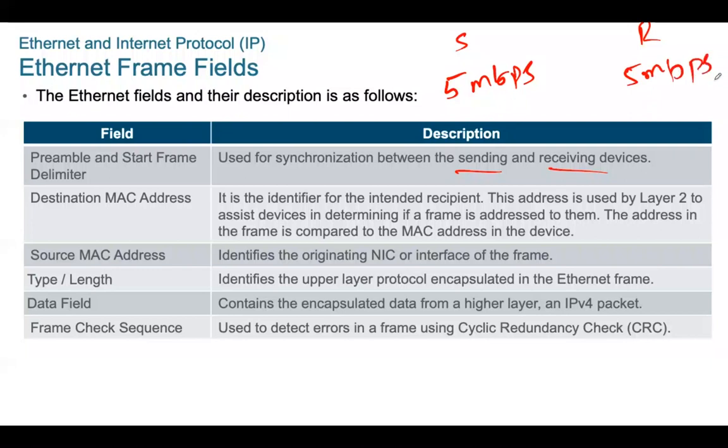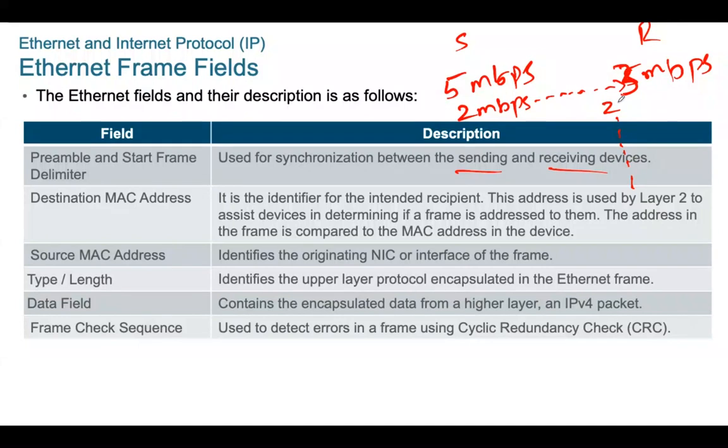But if the receiver is able to receive only 3 Mbps while the sender is sending 5 Mbps, the remaining 2 Mbps will be dropped at the receiver side. So those 2 Mbps of data are dropped, and again that data is retransmitted to the receiver.